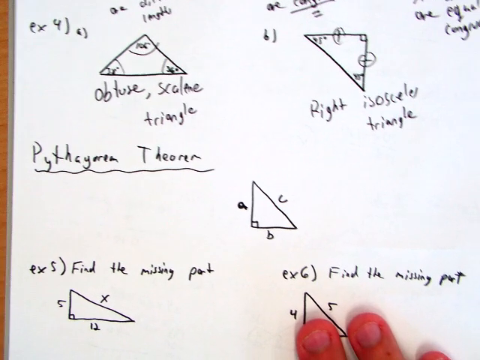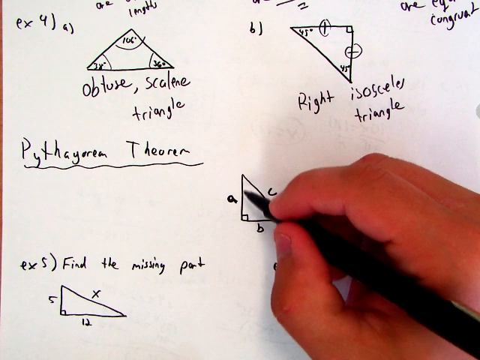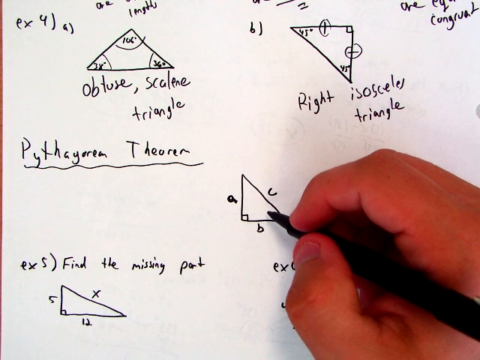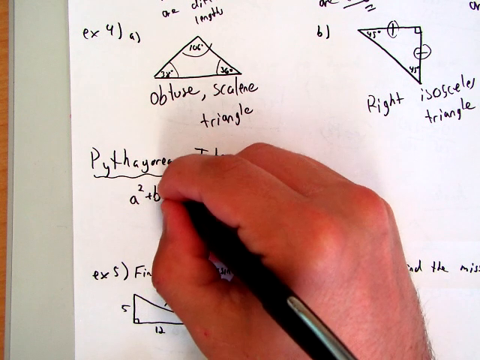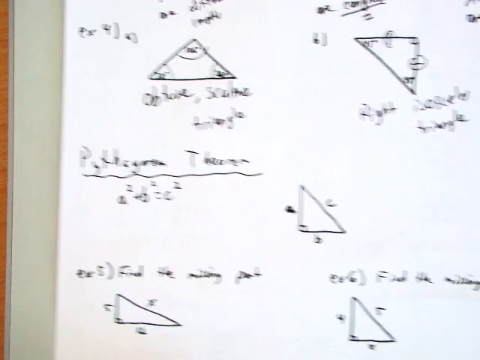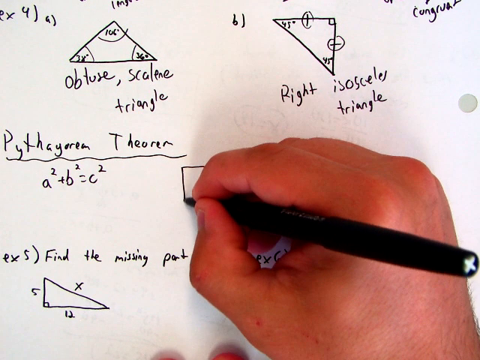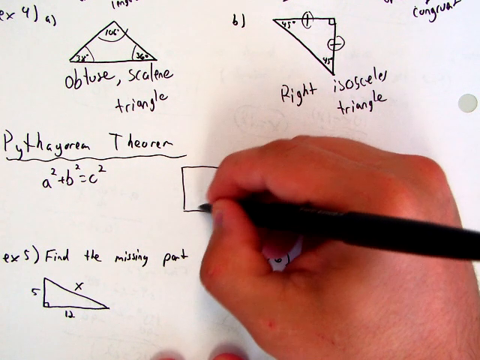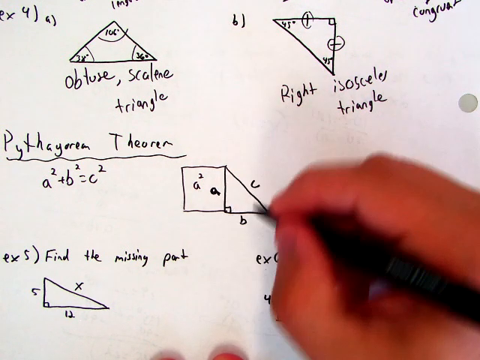And last but not least, dealing with triangles, we have the Pythagorean theorem. So Pythagorean theorem helps us understand how to find a missing side length on a triangle. And the formula for this is a squared plus b squared equals c squared. What that means is if I make a square on this side, the area of this square would be a squared because this side length is a.